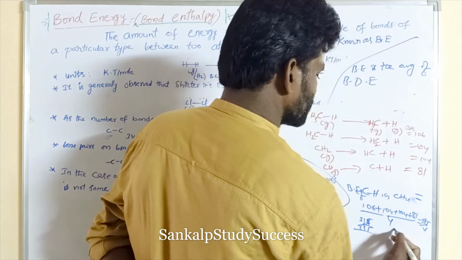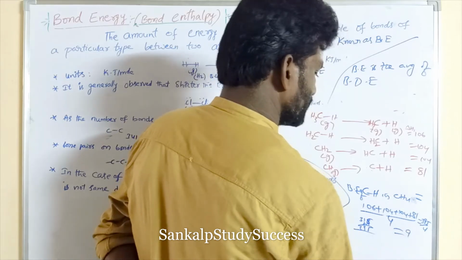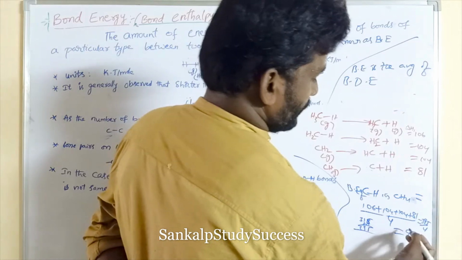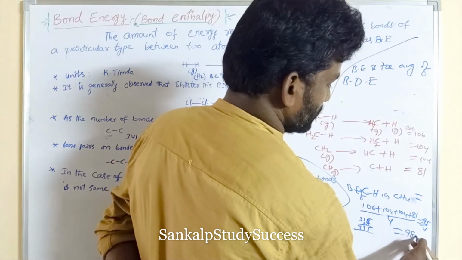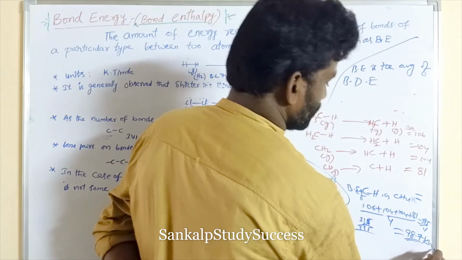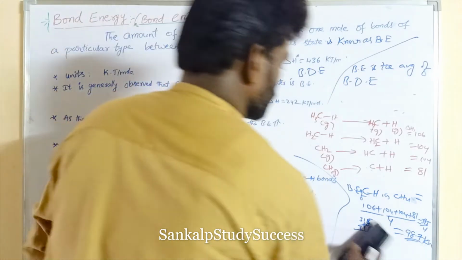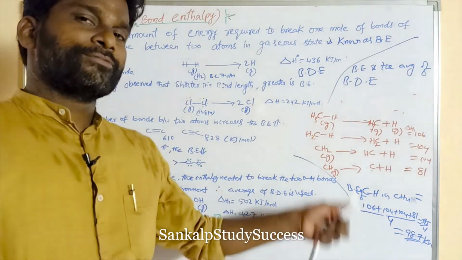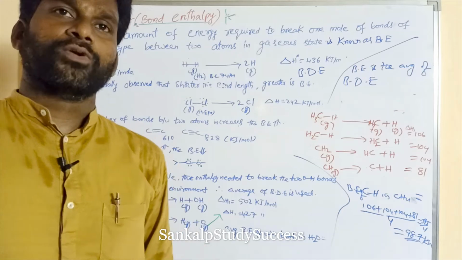That is 98.7 kilojoule per mole. So this is the bond energy or bond enthalpy of C–H in the CH4 molecule.